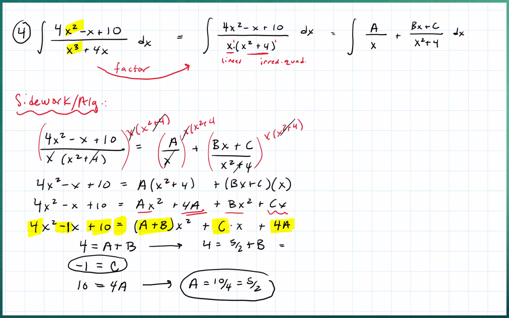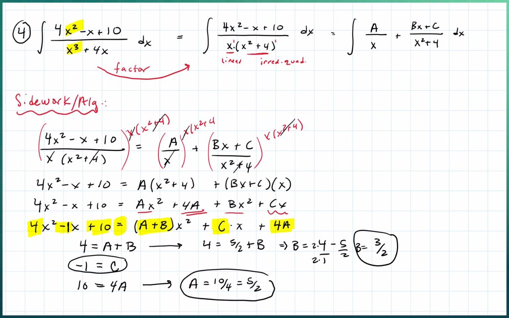And we'll solve for b. b is going to be 4 minus 5 halves, so that is 3 halves. So b is 3 halves. And we have everything we need to plug back in.